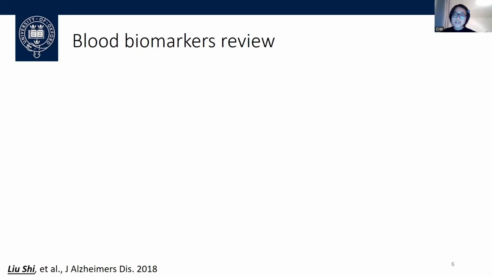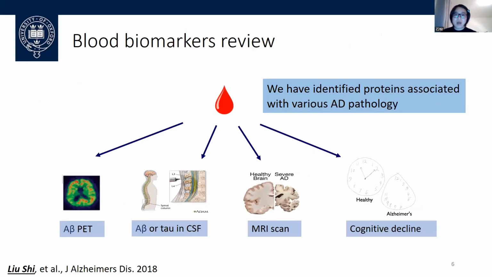Because of these advantages of blood biomarkers, our group has identified lots of protein biomarkers associated with various AD pathologies, including A-beta PET scan, A-beta and tau levels in CSF, MRI scan, and cognitive decline. So we have identified proteins which can reflect this pathology.